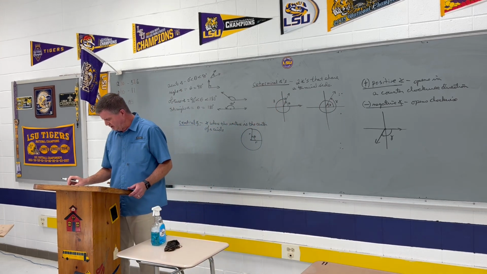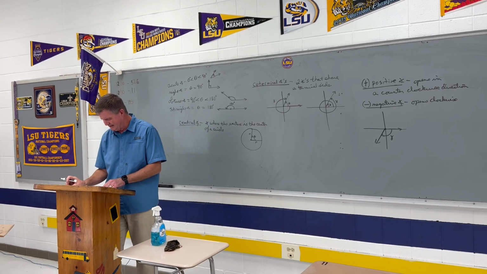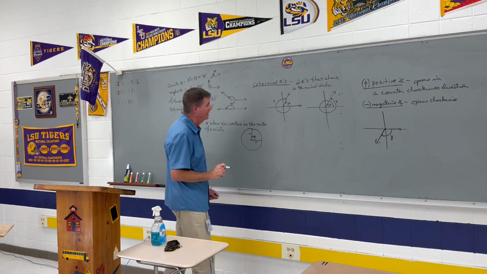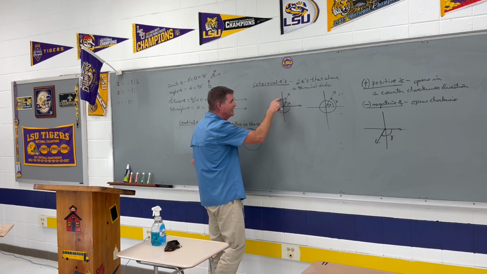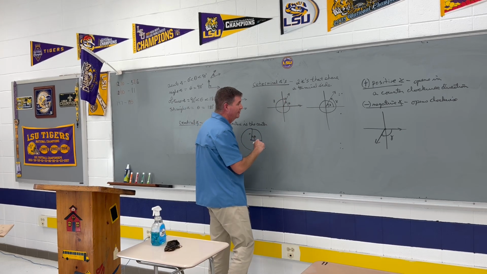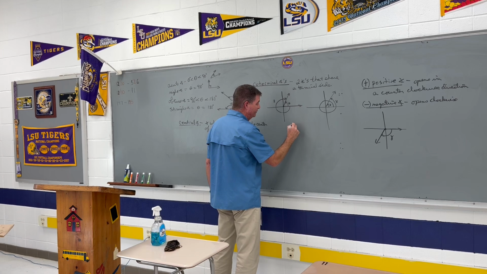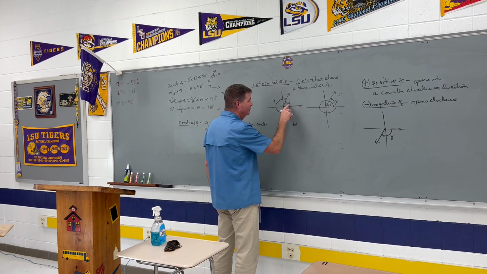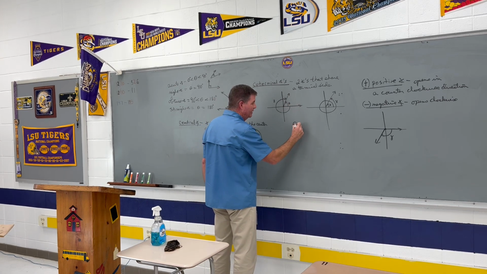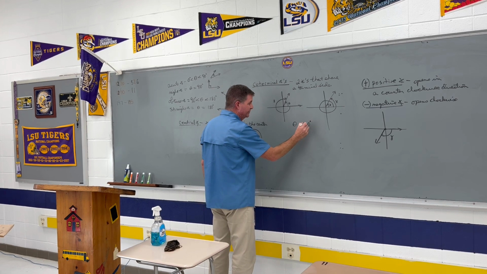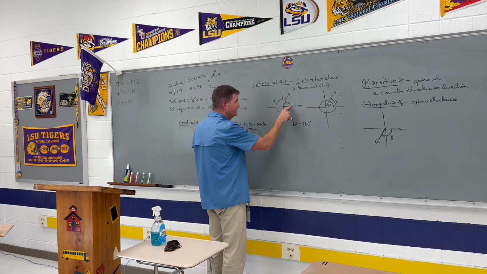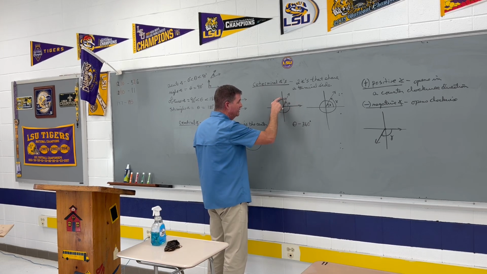So when we're looking at coterminal angles, in order to find the negative angle, it's theta, our angle we start with, minus 360 degrees. Because 360 minus the theta gives us alpha.